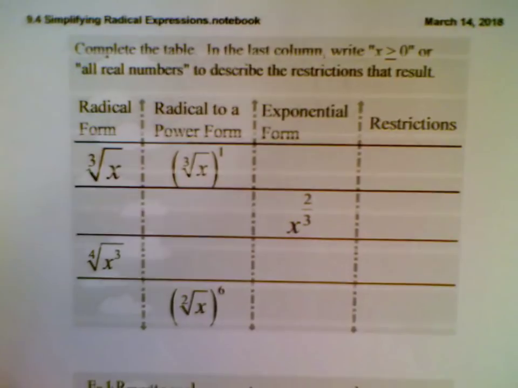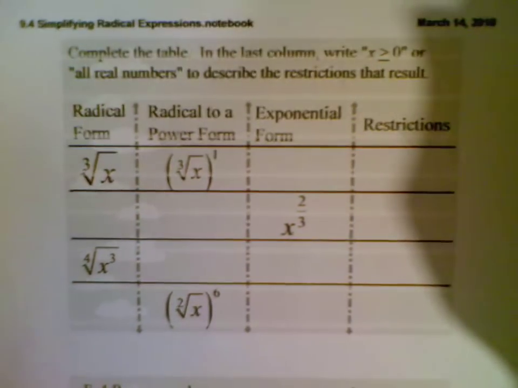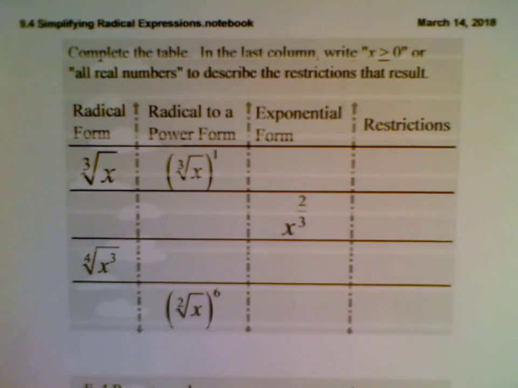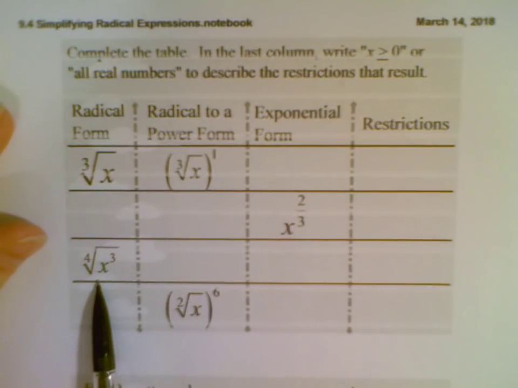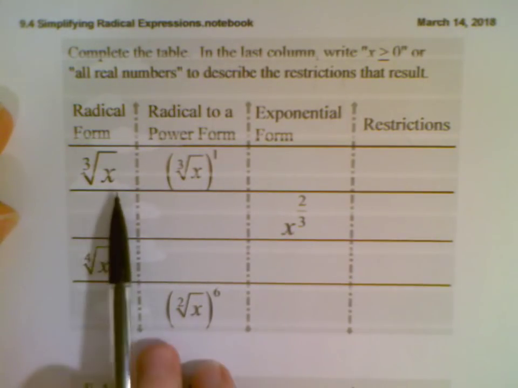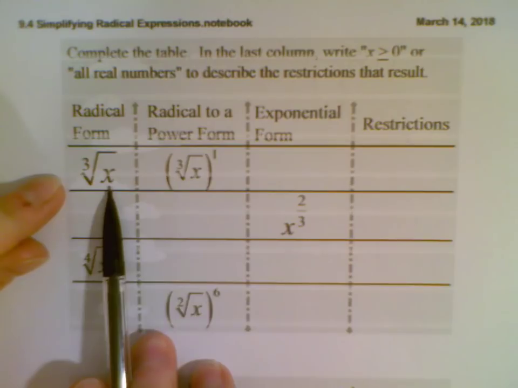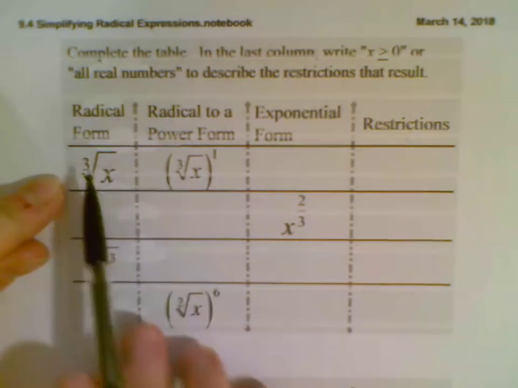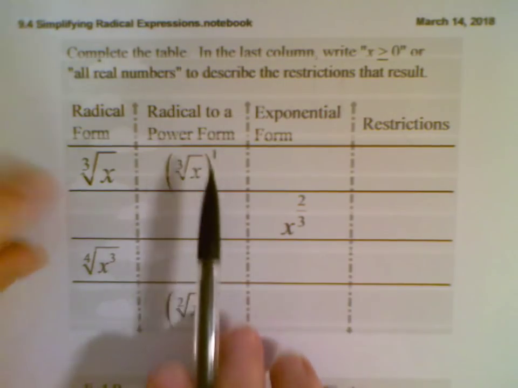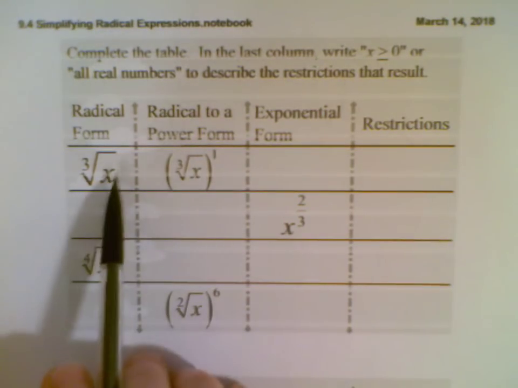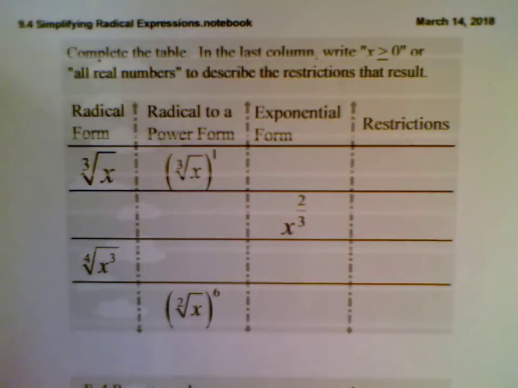Okay. And we're going to talk about going from radical form to rational exponent form. So this would be radical form because it obviously has a radical. When we convert it to power form, we put the exponent that's on the outside. In this case, it's a 1 because it's to the first power.